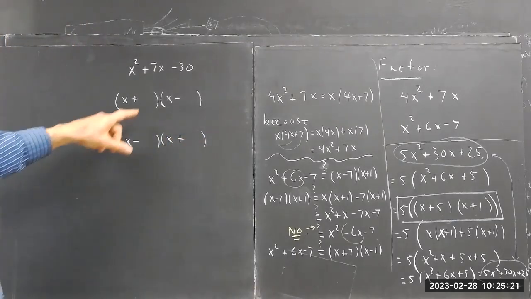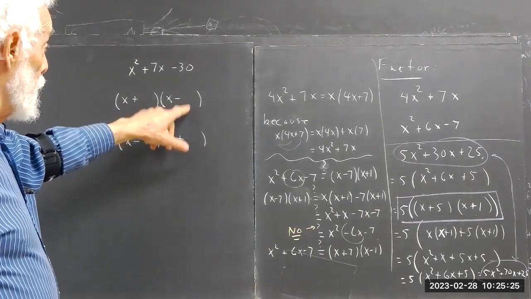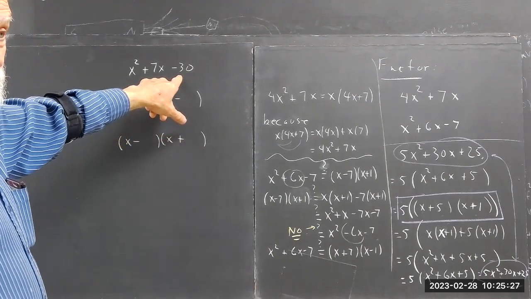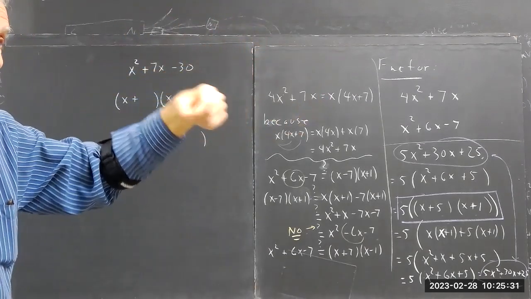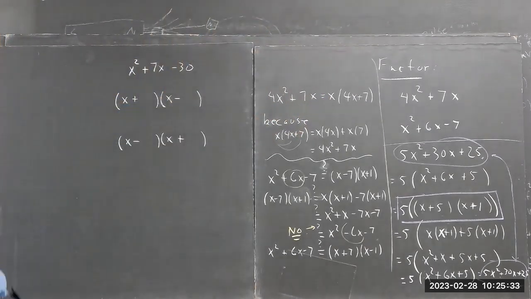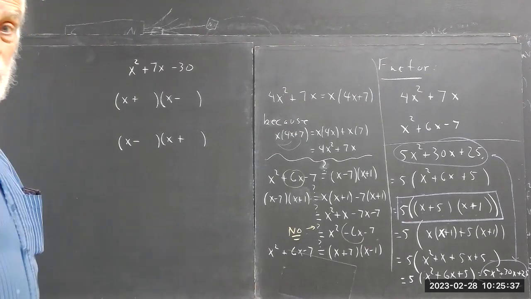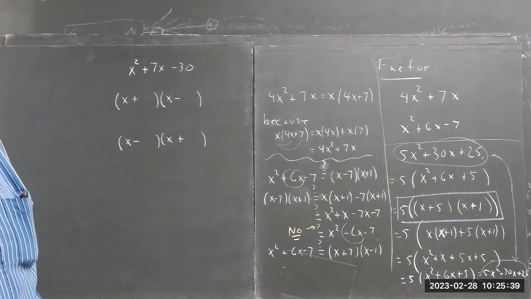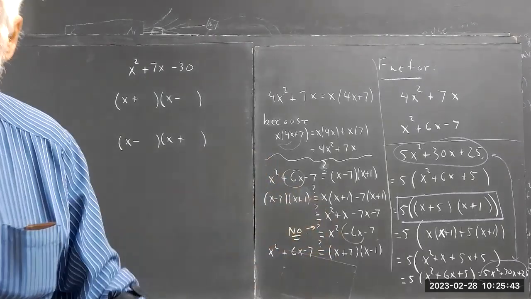Now, the two numbers I've got here and here have to multiply out to negative 30. What's two numbers that give you negative 30? Show me with your fingers. Give me two numbers, 5 and 6. Okay, that's pretty obvious. There are other possibilities. It could be 15 and 2. It could be 10 and 3. It could be 30 and 1.